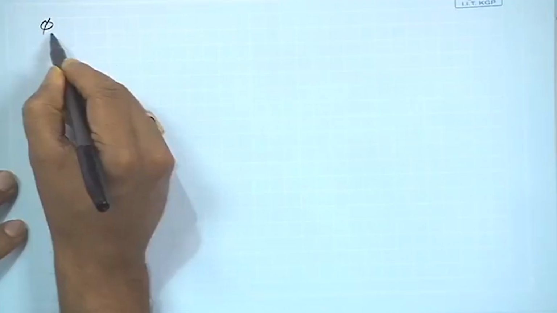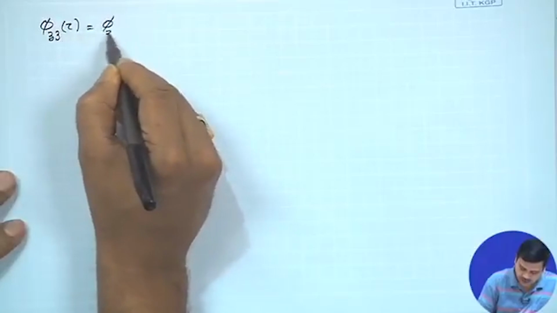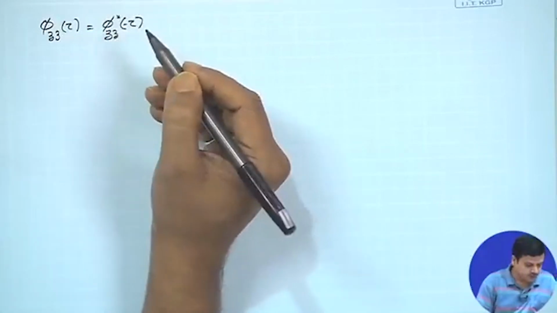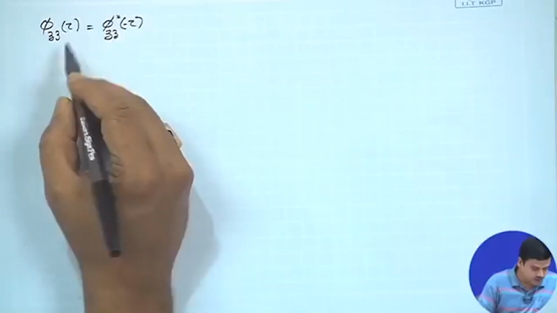So this is the basic relationship we have established. Now, using this, we will look at a few more properties of this noise process. One of the important properties we can try to see is that φ_zz(τ) is equal to φ_zz(minus τ) conjugate. This will help us in arriving at some important things.